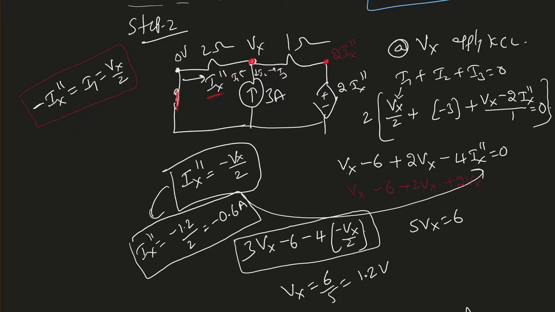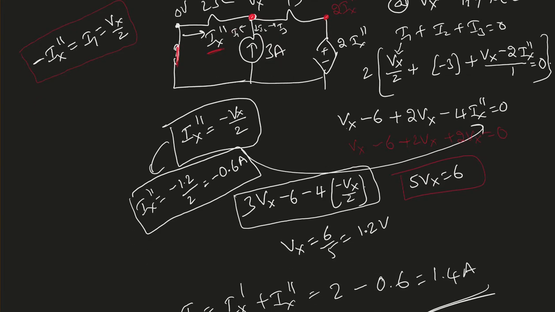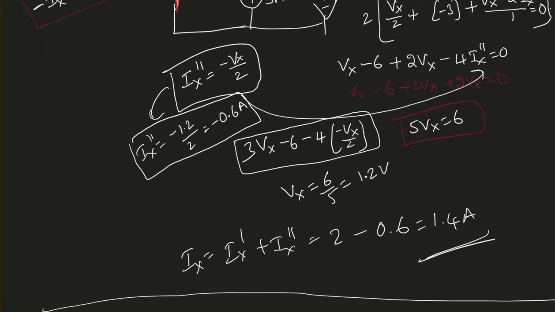We end up with 5Vx equal to 6, Vx equal to 1.2 volt, and ix double prime equal to negative Vx over 2, which is negative 0.6 ampere. That's what I found there. So the total current ix equals ix prime plus ix double prime, which is 1.4 ampere.